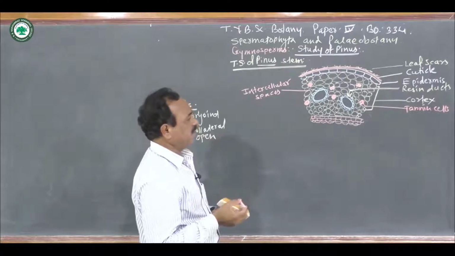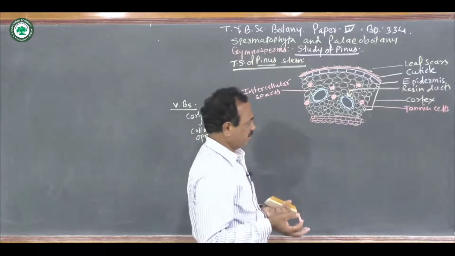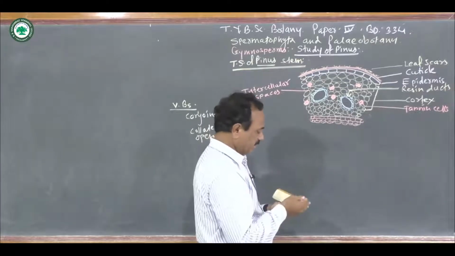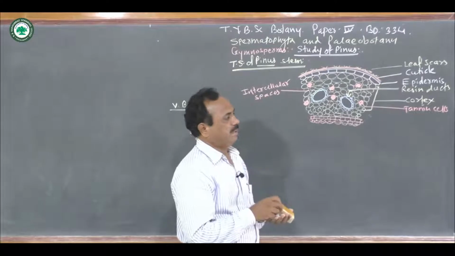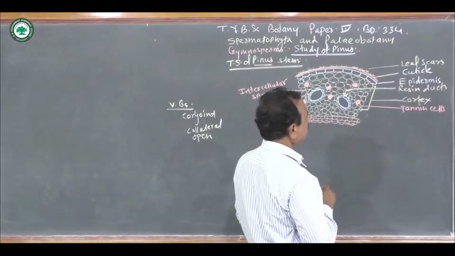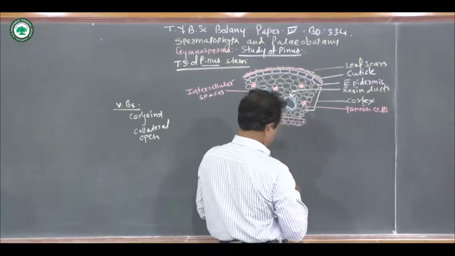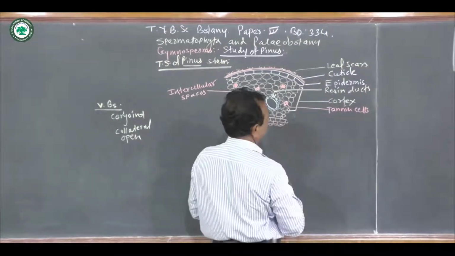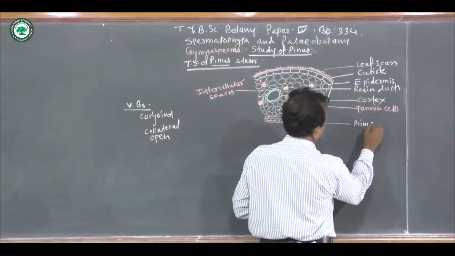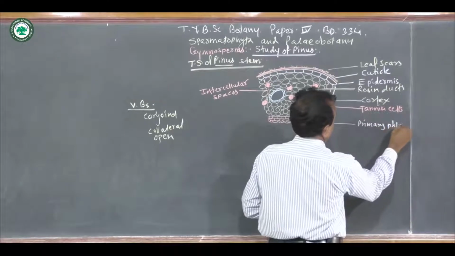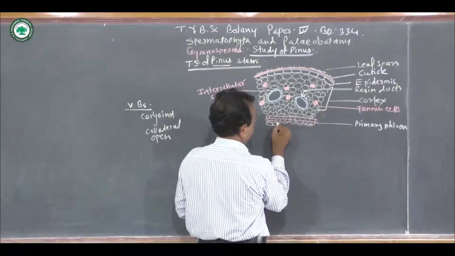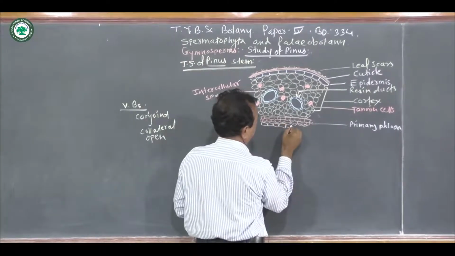When secondary growth starts, at that time the cambium produces the secondary xylem and the secondary phloem. Here there is the presence of the primary phloem. Inner side to this there is the presence of the secondary phloem.